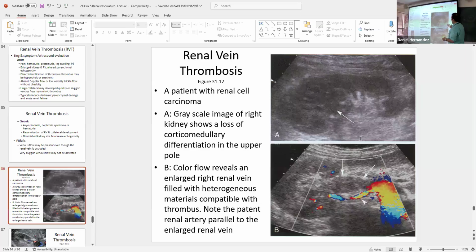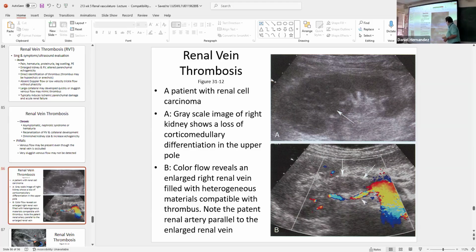So in this case, this is a patient who has renal cell carcinoma. We know that particular type of cancer predisposes them to developing clot, thrombosis. So in this case now, they're imaging the renal vein there.